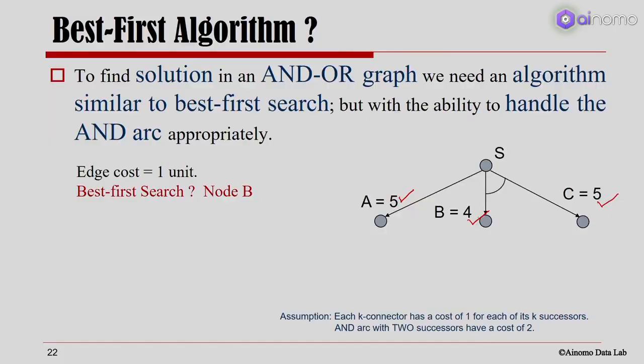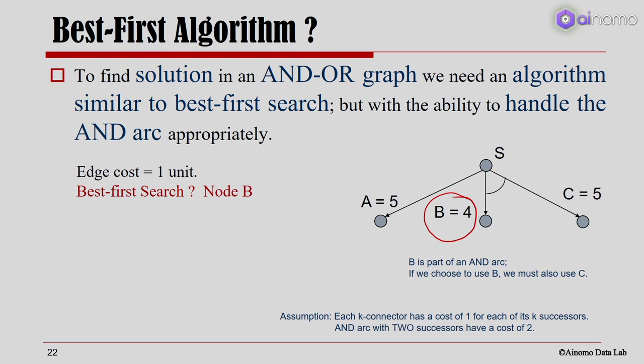So, if you assume that each edge costs 1 unit and I was just doing breadth first search, then my algorithm would be choosing node B for expansion. This is because node B has the minimum cost to the goal. But then, is it the best path? If you look at the cost of the path, you will see that B is part of an AND arc.